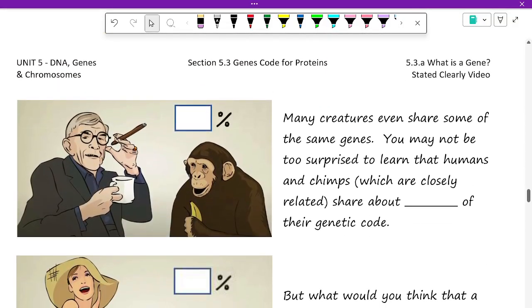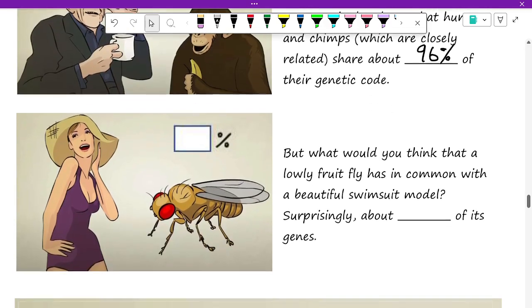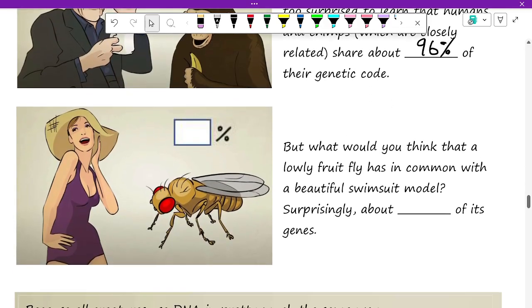What percent of our DNA do we share with a chimp? 96%. How much DNA does a fruit fly and a human share? About 50%.